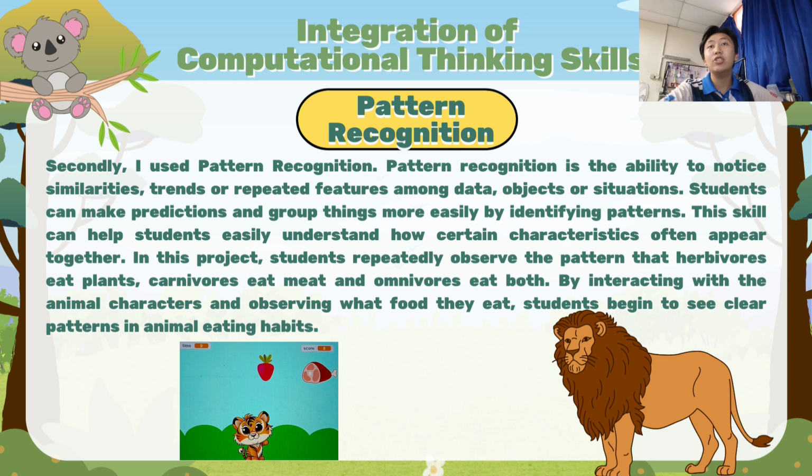In this project, students repeatedly observe the pattern that herbivores eat plants, carnivores eat meat, and omnivores eat both meat and plants. By interacting with the animal characters and observing what food they eat, students begin to see clear patterns in animal eating habits.